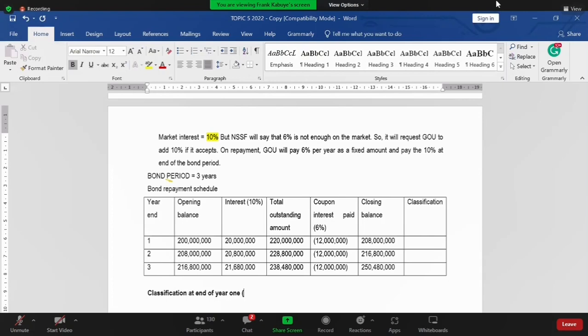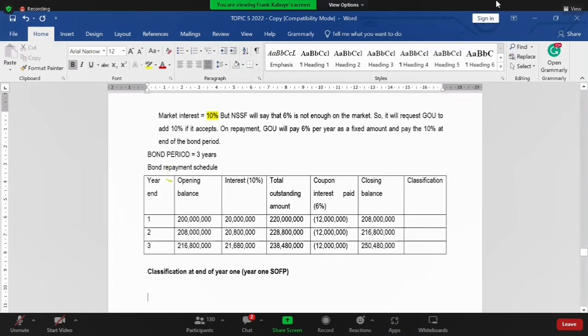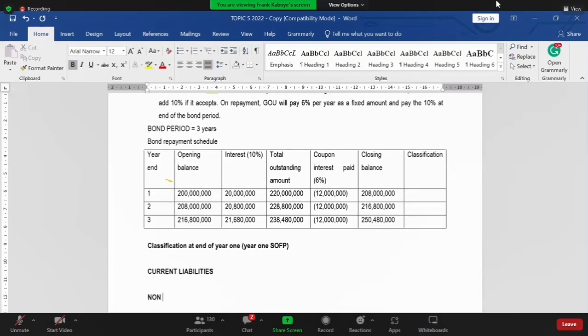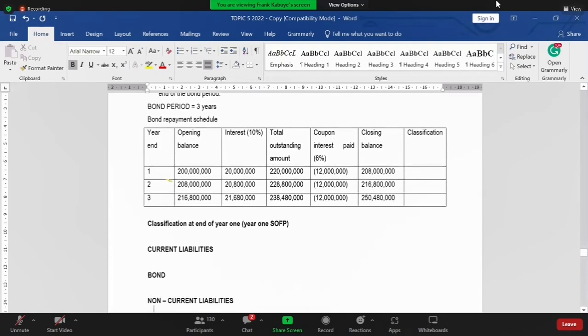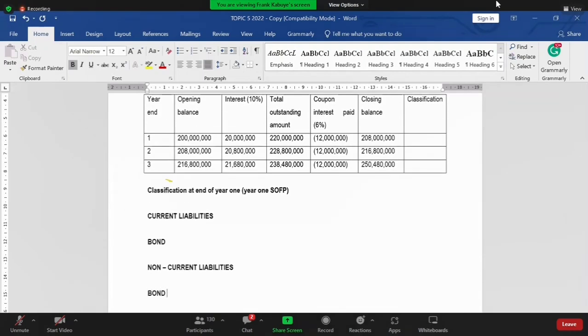So this is the year one statement of financial position. We have current liabilities and non-current liabilities. We have bond and also have bond here.